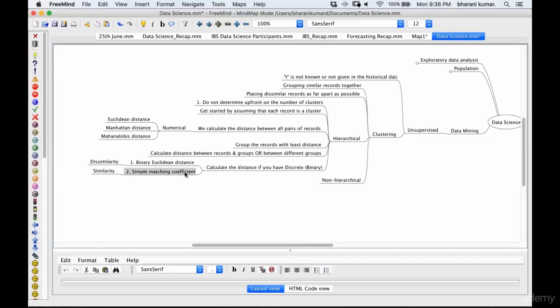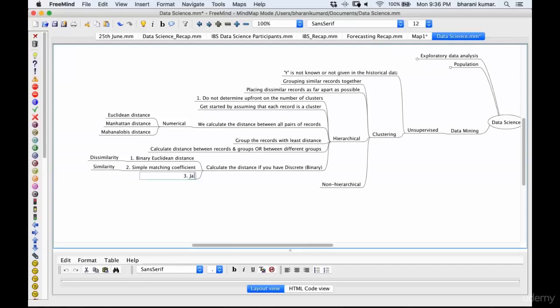And then we have another measure which is called Jaccard's coefficient. And this Jaccard's coefficient assumes that two people not doing something doesn't determine the similarity. Two people doing something would determine the similarity. Right? That's the logic.